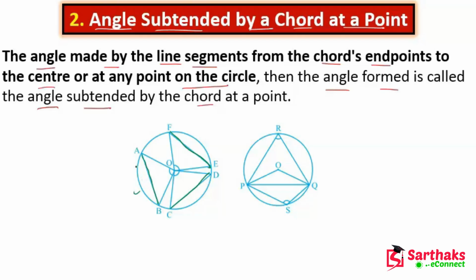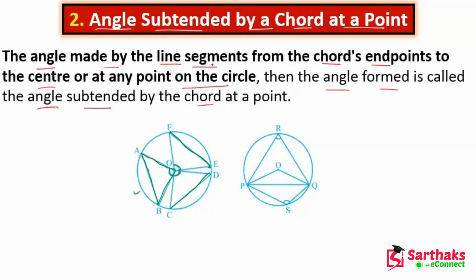The endpoints of this chord are A and B, the endpoints of this chord are C and D, and similarly F and E are the endpoints of the chord FE. With the help of these endpoints and these chords, the angle is formed at the center like this. Similarly this angle.